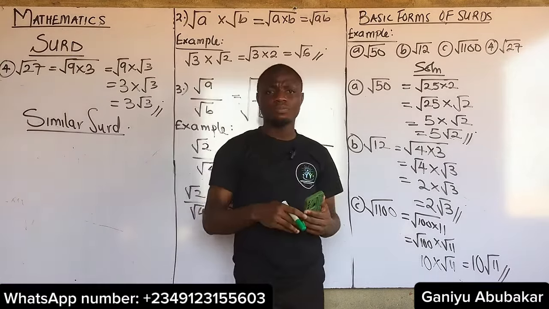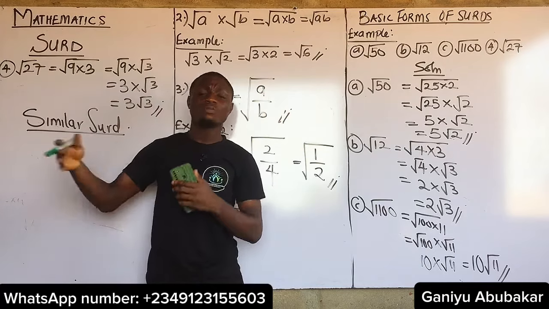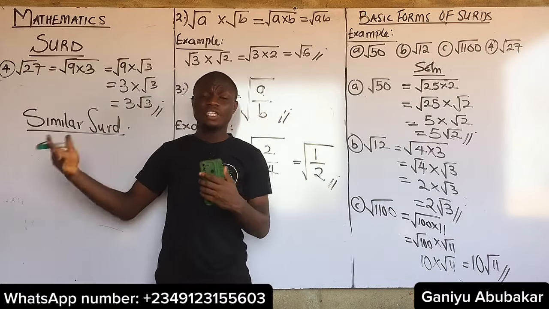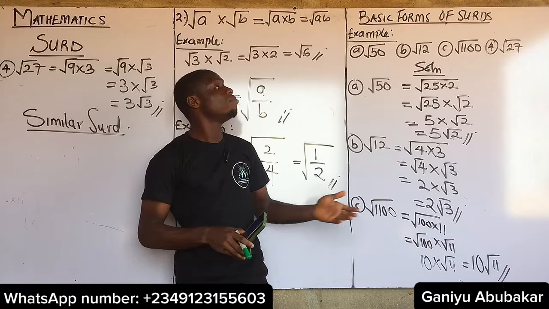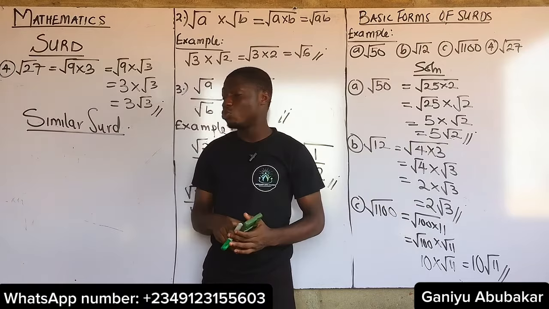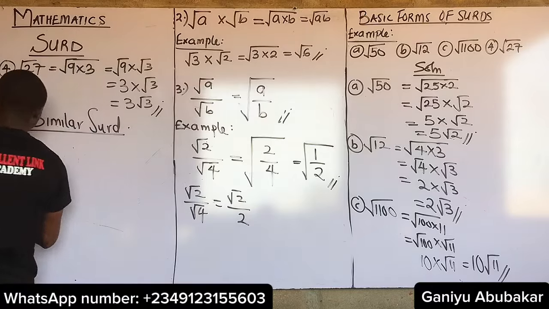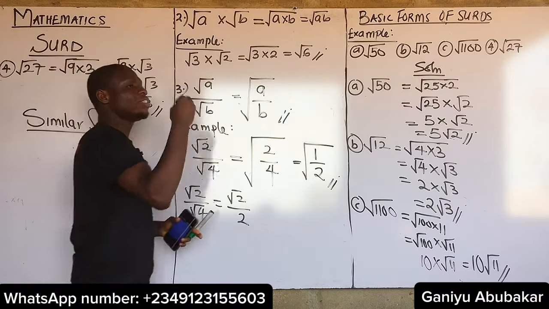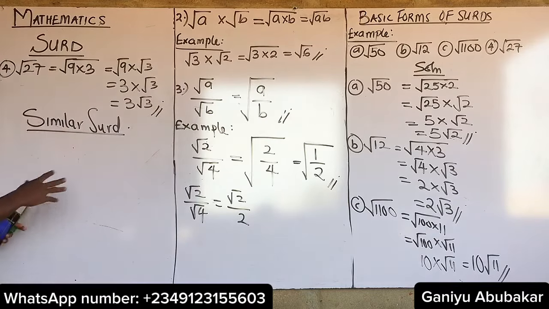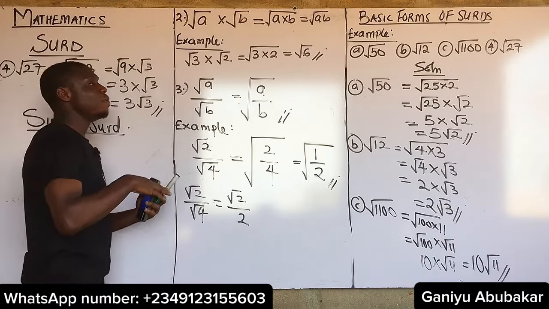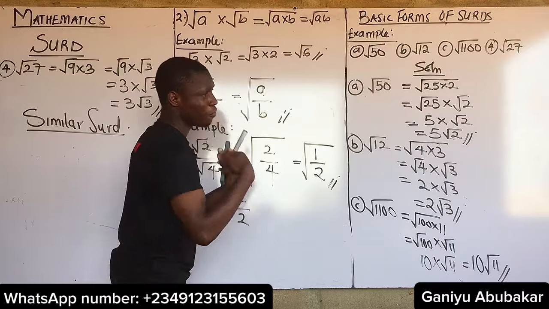By definition, surds are said to be similar if they are of the same root, or the same basic form of surd.